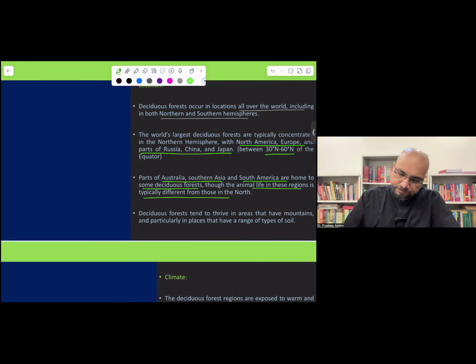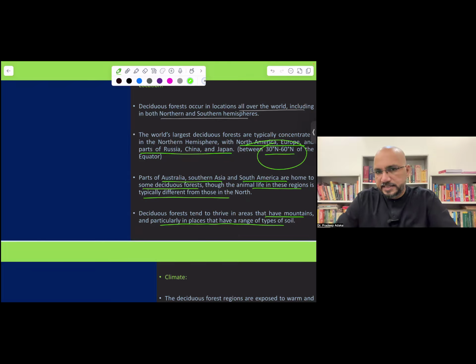They thrive well in areas that have mountains and particularly in places that have a wide range of soils. Mainly you have to remember 30 and 60 degrees latitude. So they generally are found in the mid latitudes.